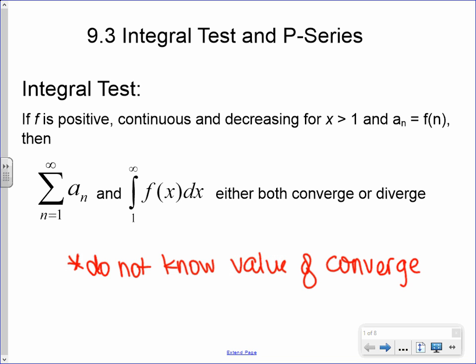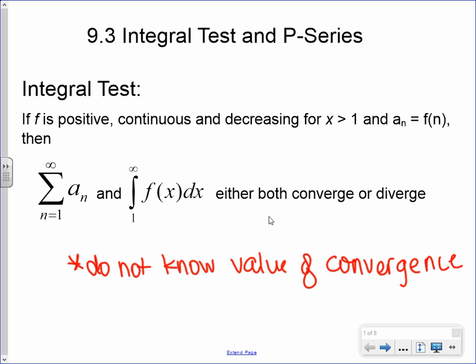We will just know, yes, it converges, no, it diverges. We don't know the value. So it's similar to the term test, but better. Well, the nth term test only tells us if something diverges. Therefore, there would not be a value. Here, it's going to tell us convergence versus divergence.